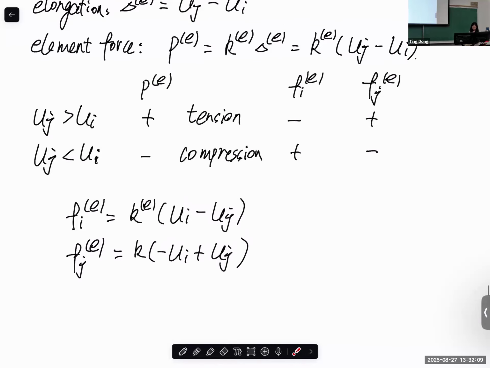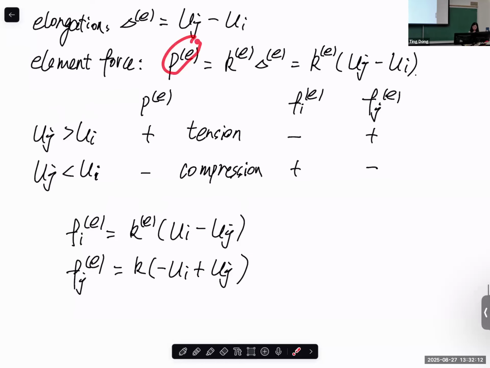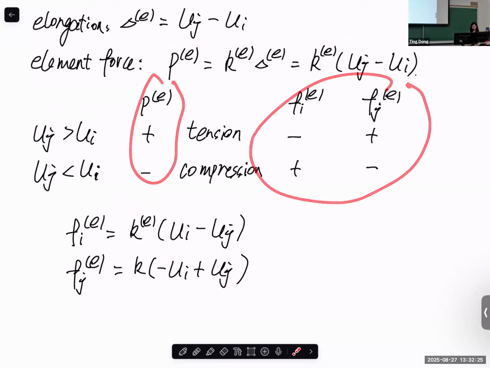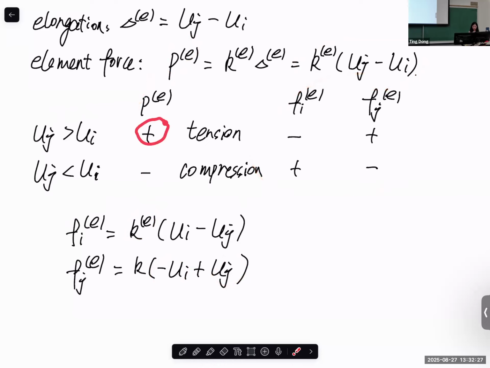So basically, you can see here, we already have P equals K (Uj minus Ui). But based on the discussion about the sign convention for the internal force and the sign convention for the external applied force, we know that the external applied force at node J is always the same as the internal force. So Fj should be equal to PE, which equals K (Uj minus Ui), right?